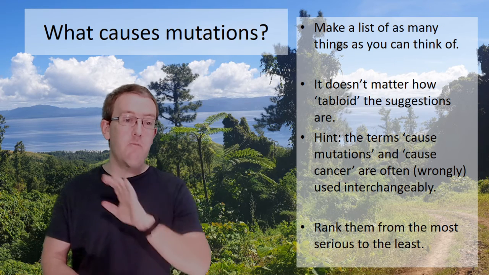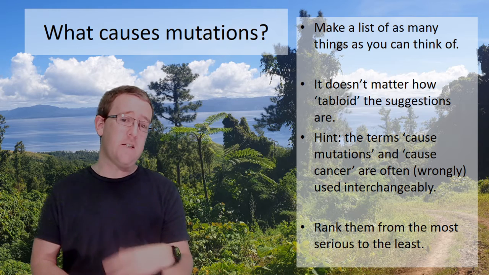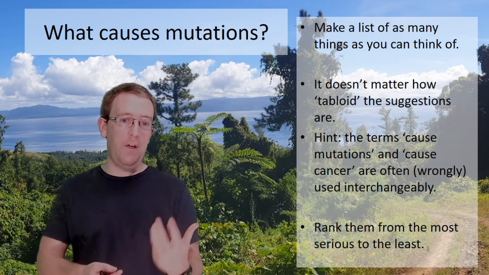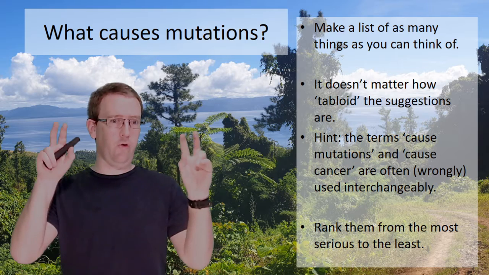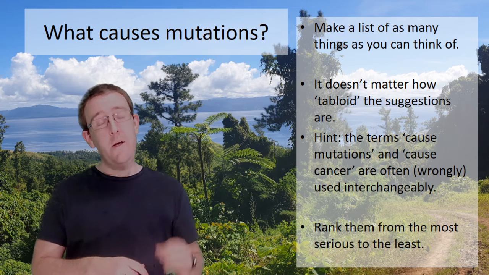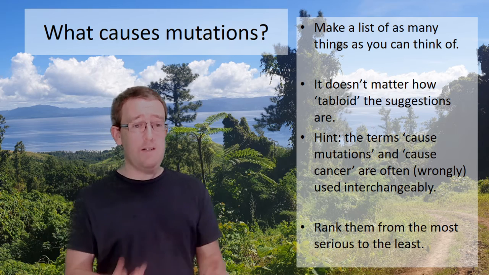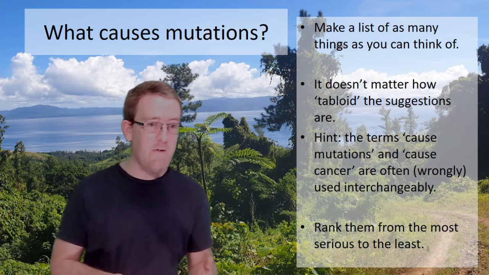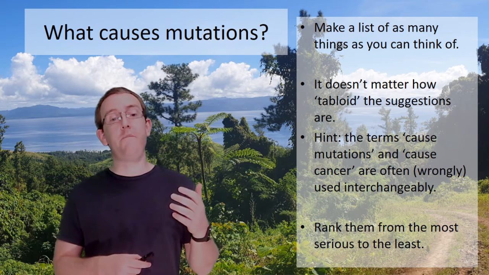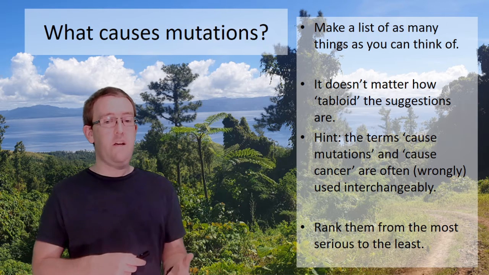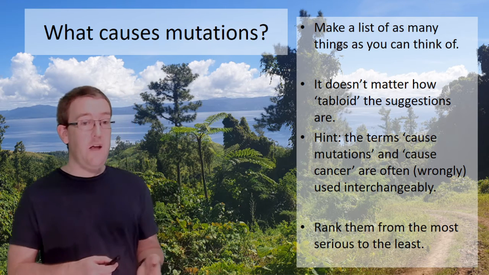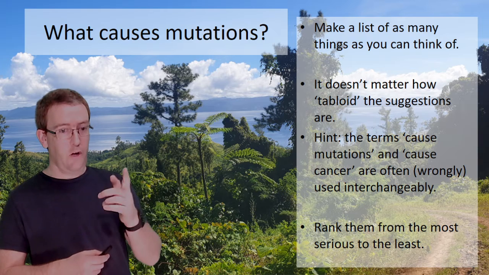I don't really mind how tabloid you are with this, because this is often lumped in with things in the tabloids that cause or cure cancer. Please don't go full Marvel universe and start talking about radioactive spiders, because that's not what we're after. That should be fairly obvious, you're A-level biologists. But then I want you to rank them from most serious to least serious. So pause the video, take 5 minutes to do that, go.